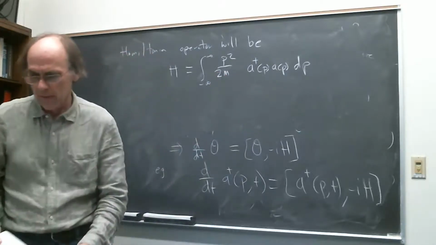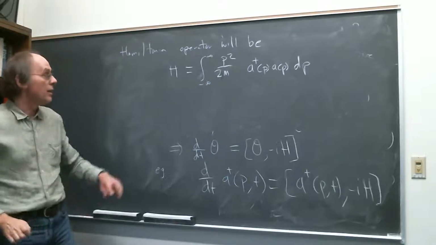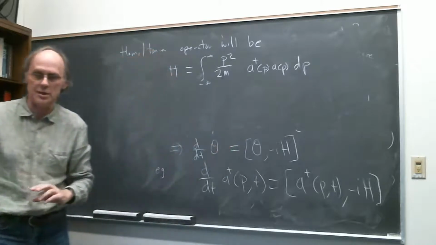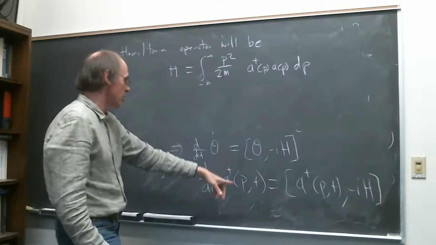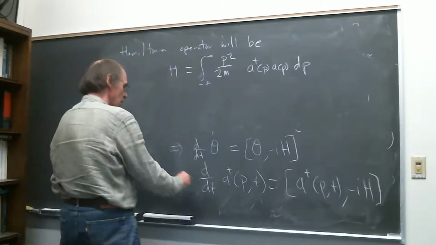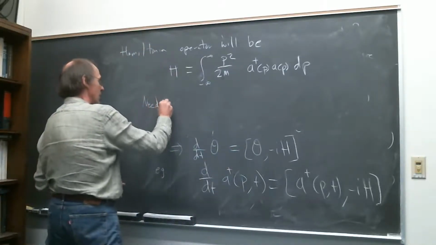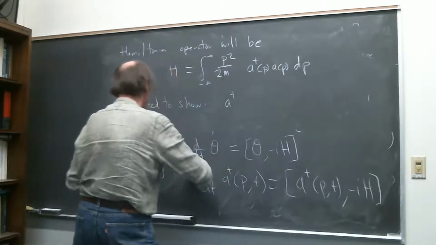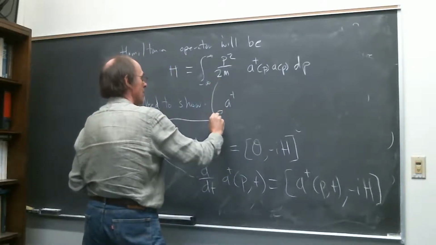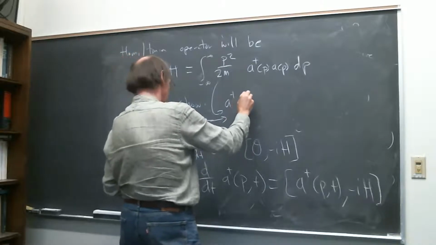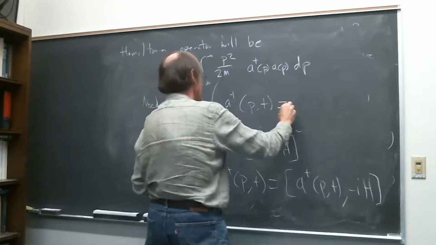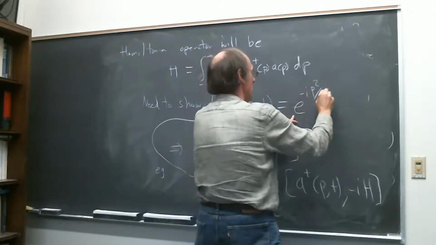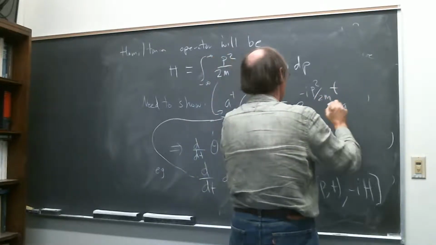Let me stop in a minute and try to explain a bit of what's going on here, because there's a lot of trickiness. What you need to show is that this plus this implies that A dagger of P and T is e to the iP squared over 2m times T, times A dagger of P and 0.